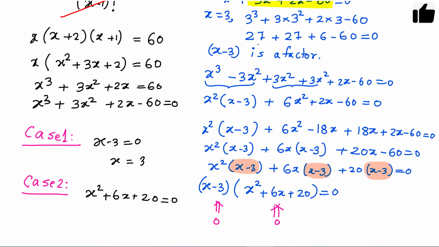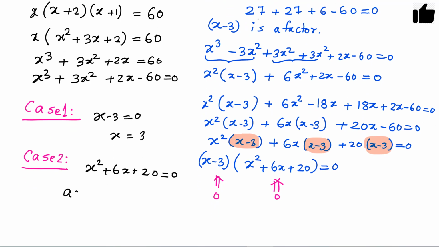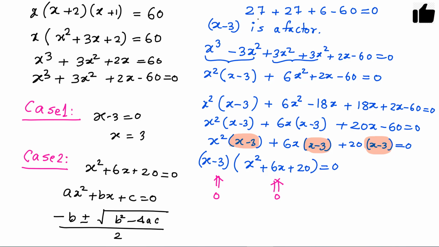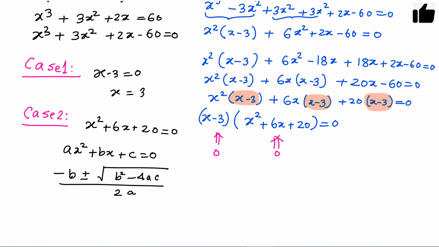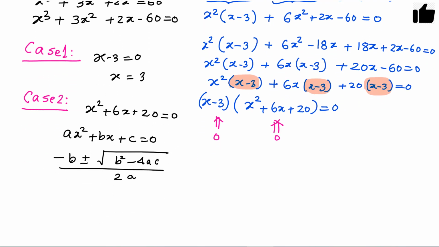So this is a quadratic equation, and the roots of a quadratic equation are given by, if you have a quadratic equation ax square plus bx plus c equals 0, the roots are given by minus b plus minus square root of b square minus 4ac, divided by 2a. So what will be the roots in this case? Minus 6 plus minus square root of 36 minus 80, divided by 2.